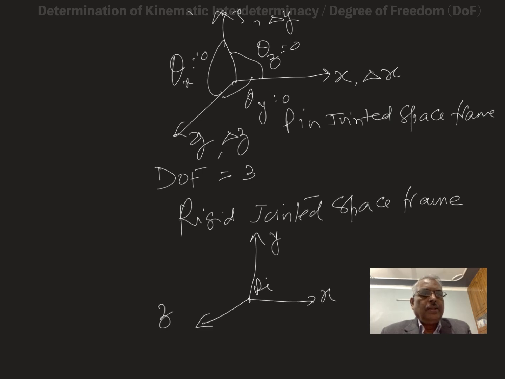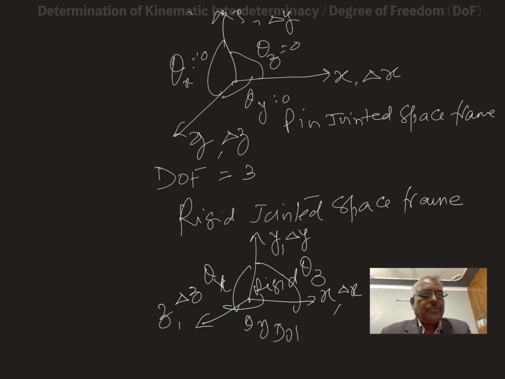This joint is rigid, and therefore here the displacements will be X, Y and Z, and there will be the rotations. So degree of freedom in this case is 6. Degree of freedom is 6.